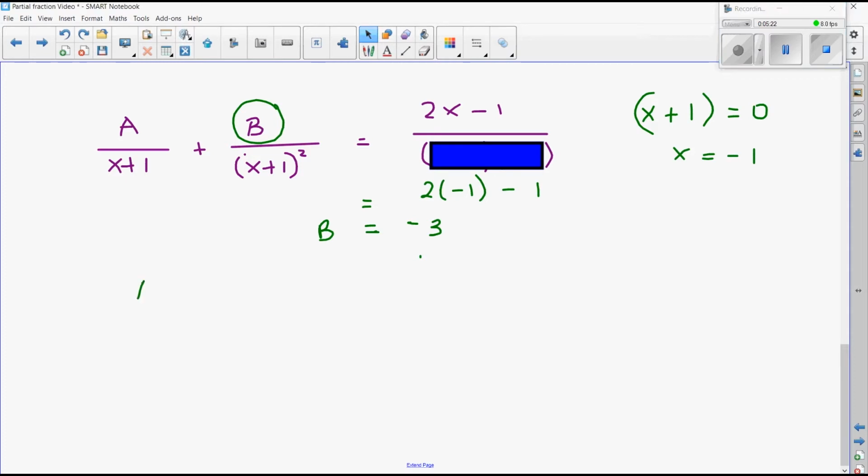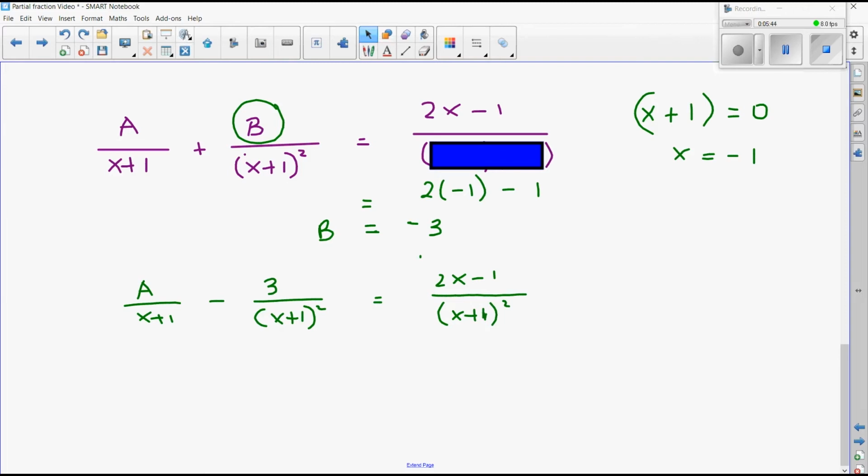Once again, I have A over (x + 1), and with B equal to -3, I write -3 over (x + 1)² will equal my fraction, (2x - 1) over (x + 1)².